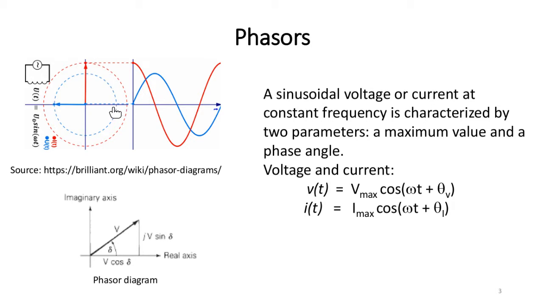So just stop at any line. I'm stopping here, and these are rotating anti-clockwise. Therefore, the blue color, which is the voltage, is leading the current. It crosses the line before the current. In other words, the current is lagging the voltage.